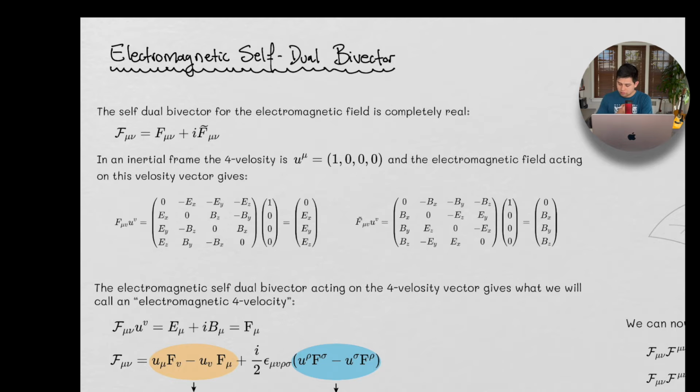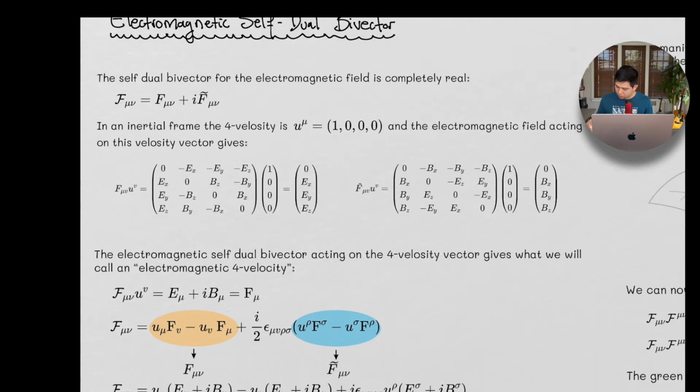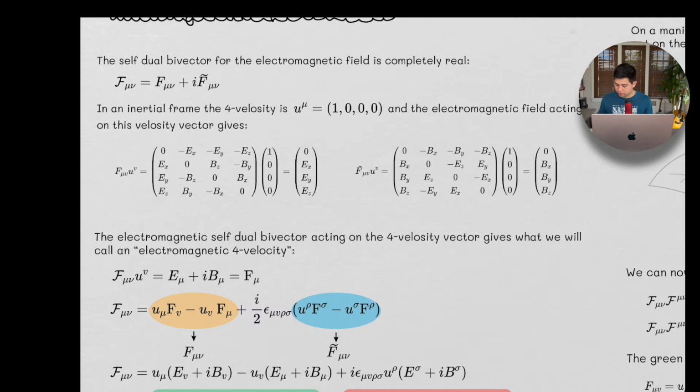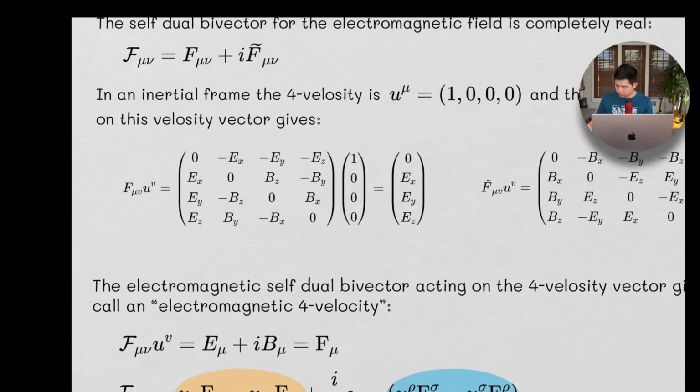Okay. In an inertial frame, also, the forward velocity is u mu. If we define this u mu as the forward velocity in this way, in which you're just traveling through time, not through space, the electromagnetic field acting on this velocity gives us these rules of multiplication.